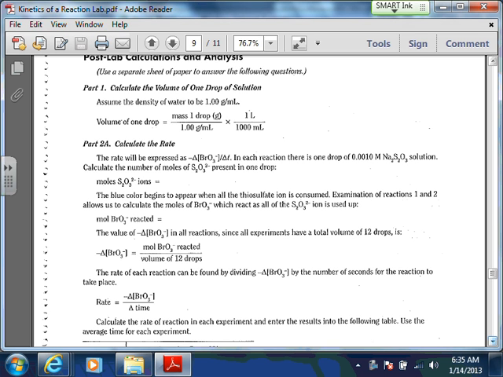So let's say, your data is not going to be exactly like this, but let's say that we ended up calculating that we have 1.9 times 10 to the negative fifth liters of the thiosulfate. And the concentration here we know is 0.0010 moles per liter, okay? So we can use the concentration here.